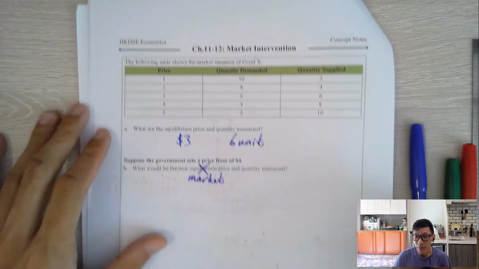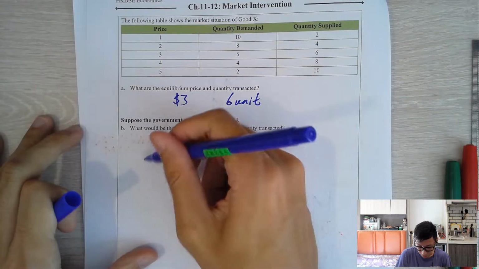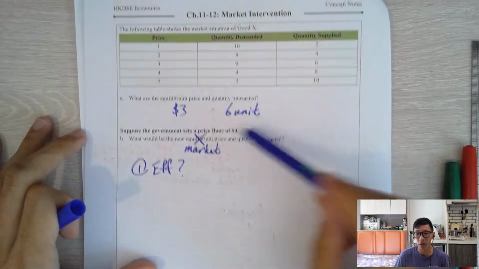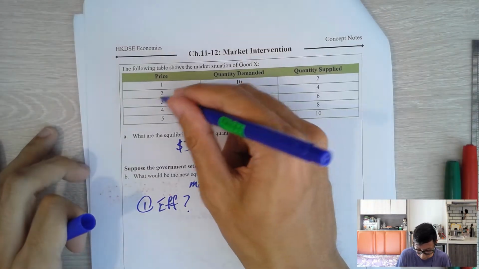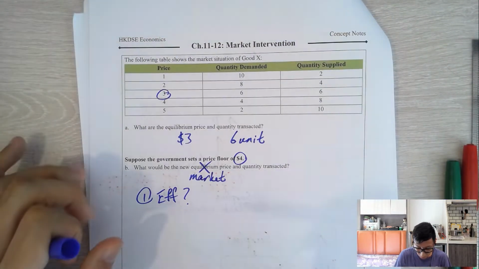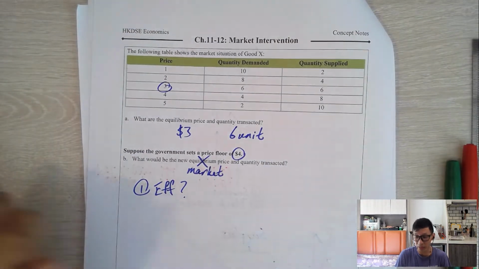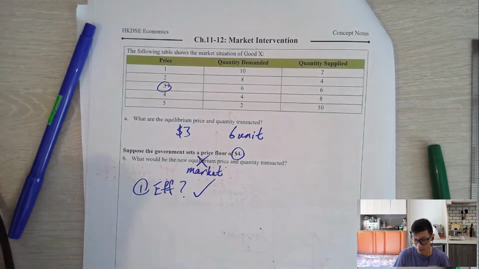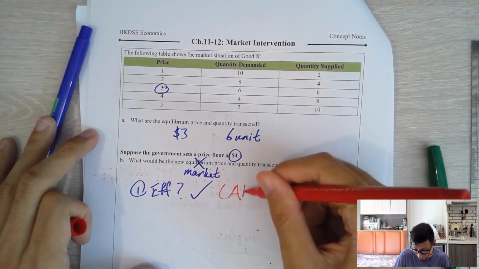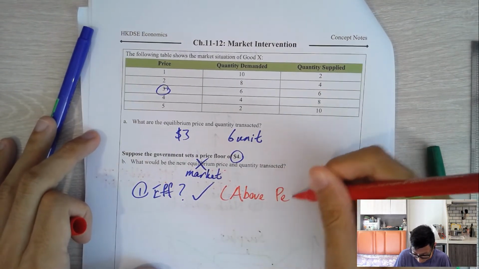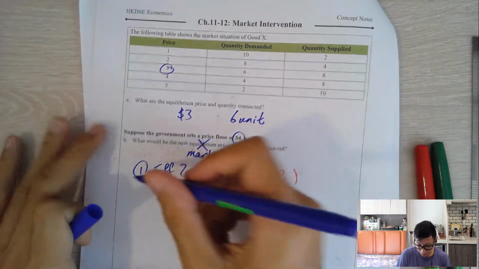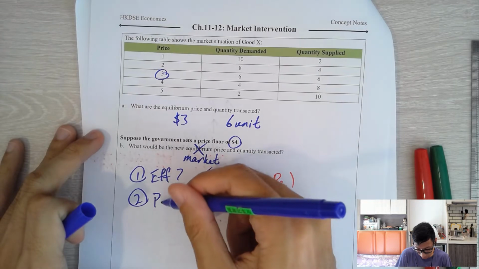Remember, step number one, check whether it is effective or not. Now we have $3, we have $4, set above equilibrium, therefore it is effective, since it is above the equilibrium price.